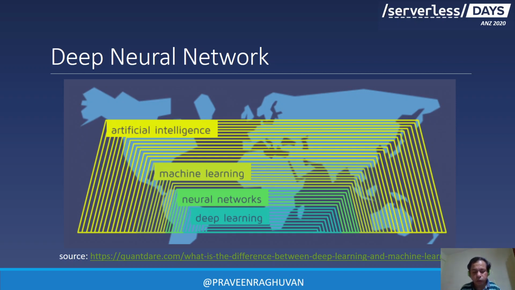Now coming to the neural networks. Neural networks are very similar to what we have in the brain. Our brain is composed of a lot of neurons which coordinate with each other and function as a cohesive unit.